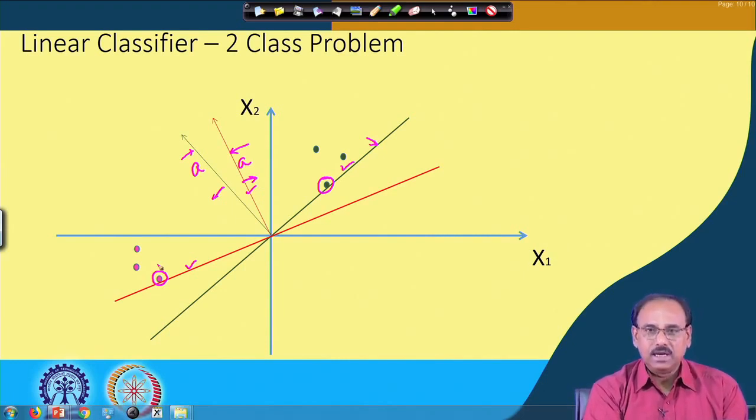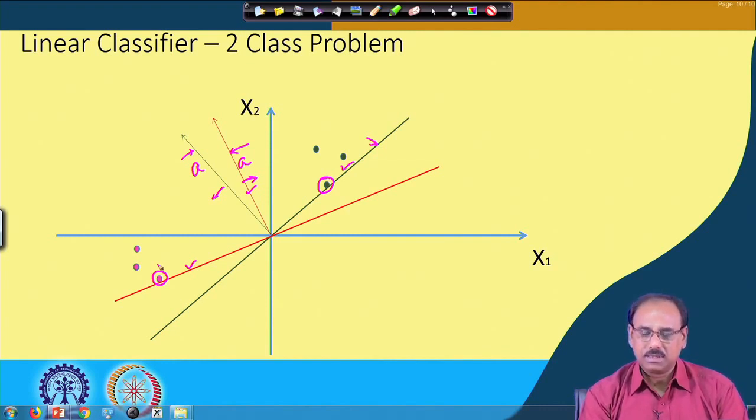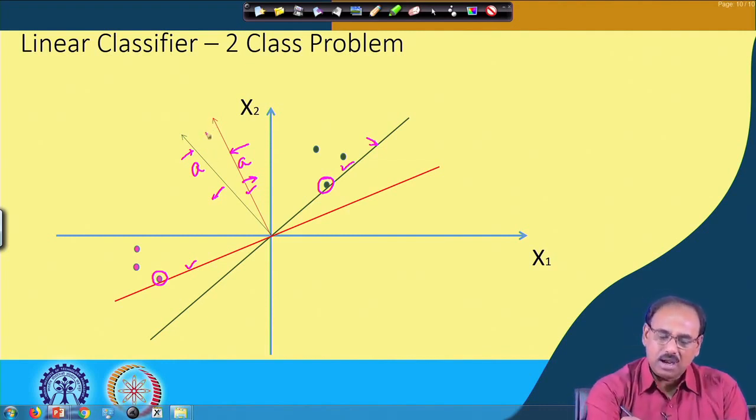So, that clearly tells me that I have a solution region, and my solution vector, a vector which is perpendicular or orthogonal to the separating plane, must lie within this solution region. If it is outside this, then vectors belonging to class omega 1 will be misclassified.